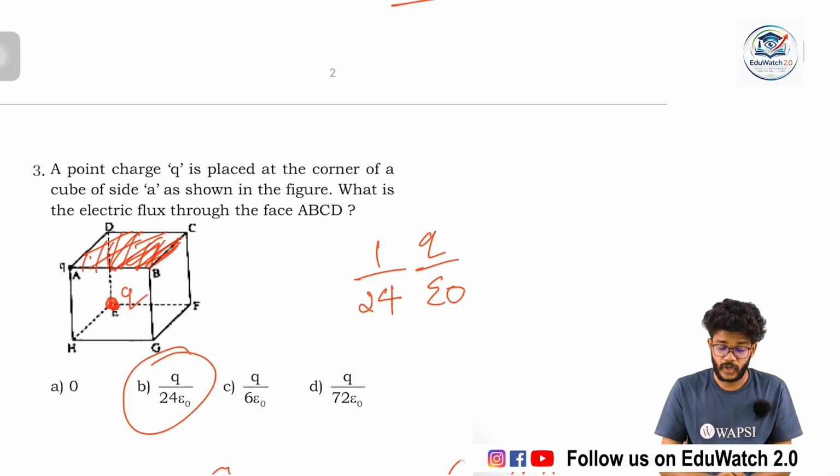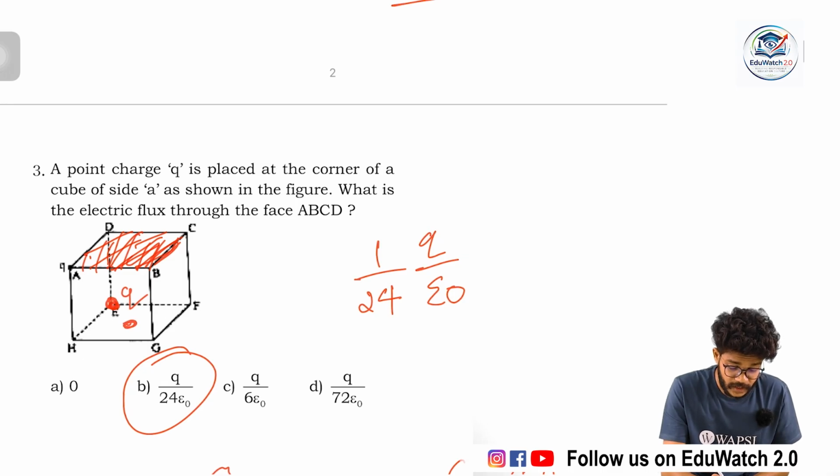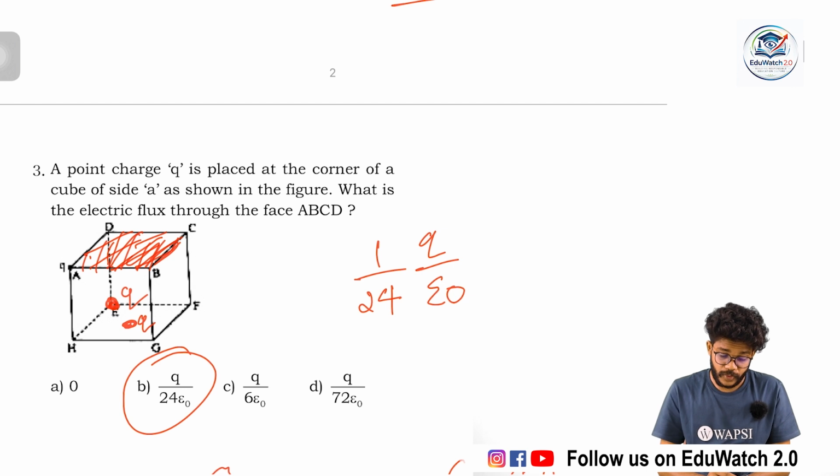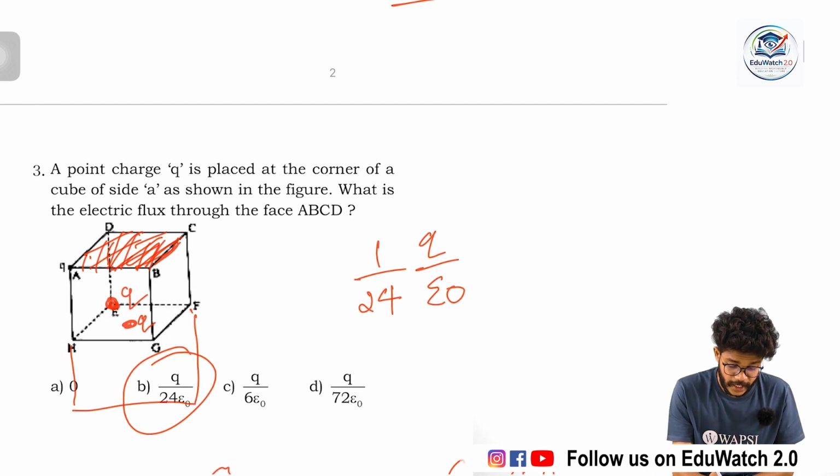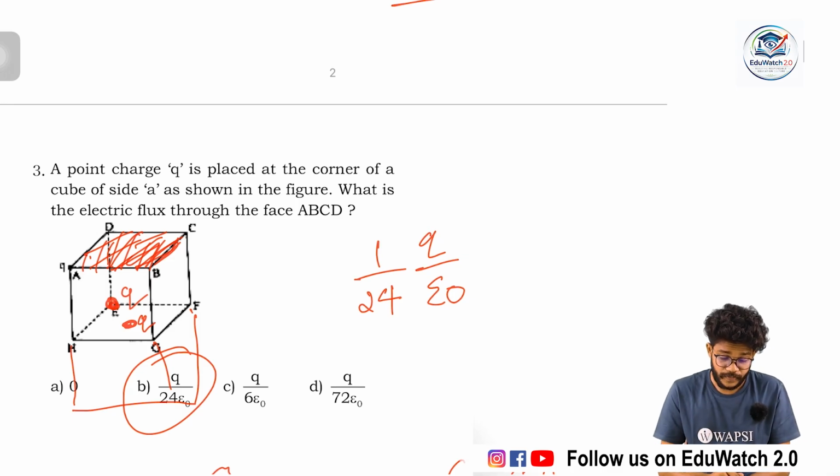So option B is the correct answer. If the question is like this, if the charge is placed here, actually we will put a square in the lower position, and the entire flux is passing through 1, 2, 3, 4, 5, 6, 7, 8, 9, 10 sides.